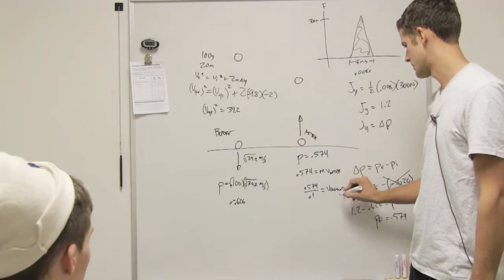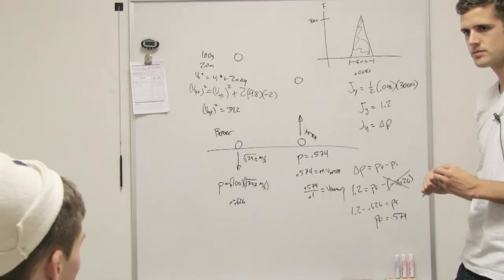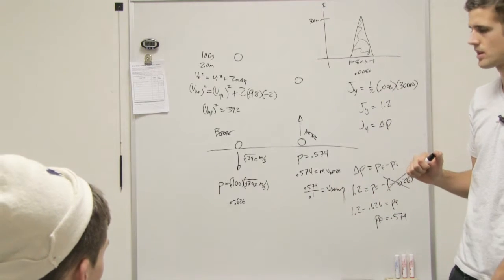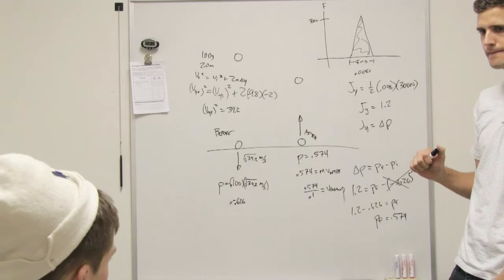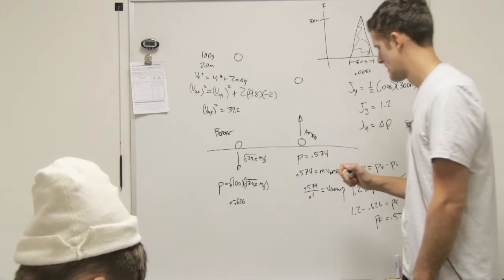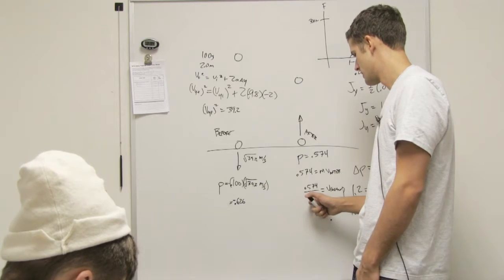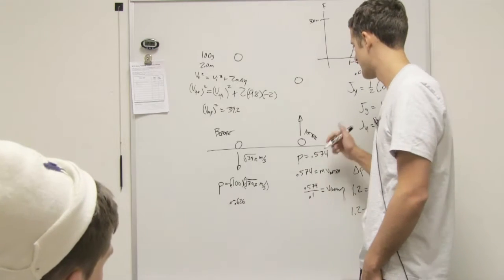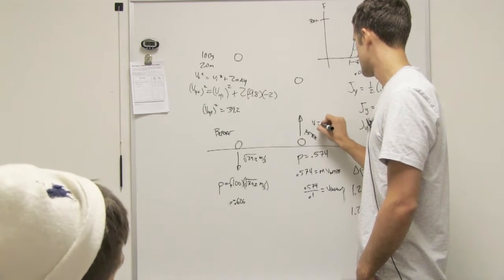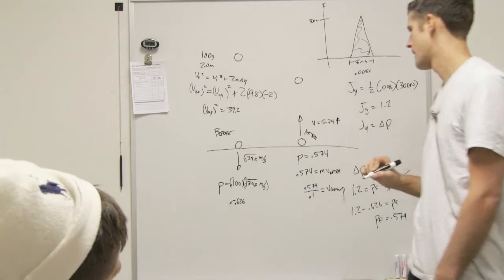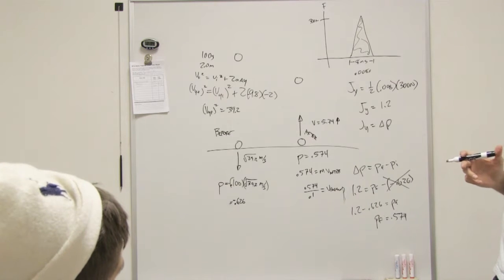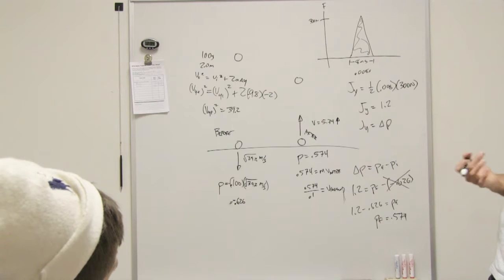So what's your velocity going to be? Um, it'd actually be, so when you divide by a tenth, yeah, it'd be 5.74. So velocity equals 5.74 going up.